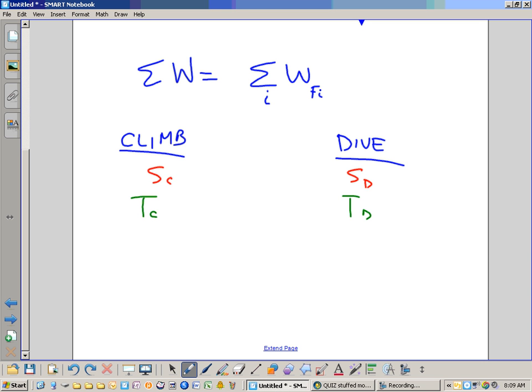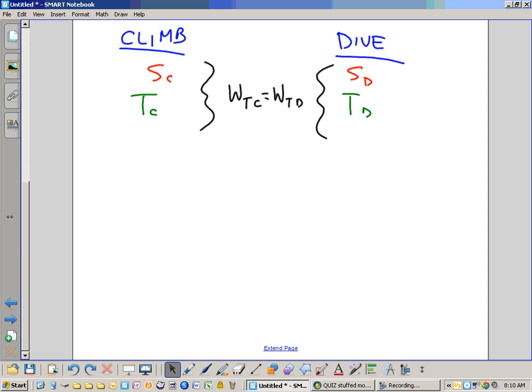The displacement is equal, the force is equal. The angle between them is equal. Thrust and displacement are in the same direction. So the work done by thrust in the climb is equal to the work done by thrust in the dive. Why? Because the force, the displacement, and the angle are all the same. So there's no difference in either case for the work done by the thrust. Everybody cool with that?